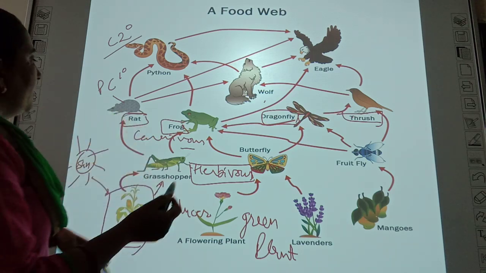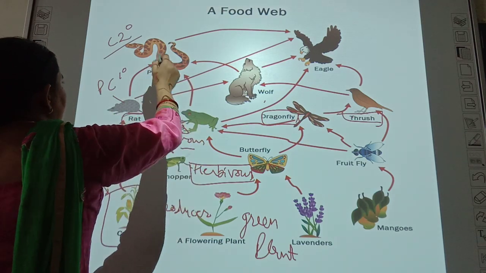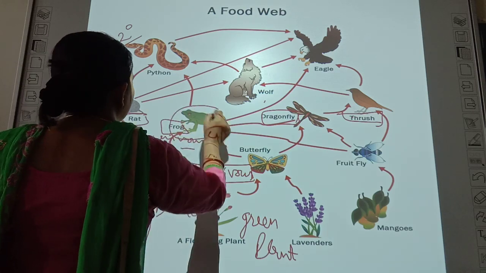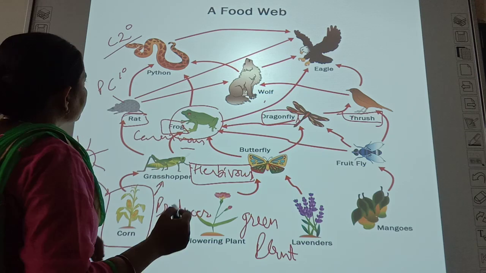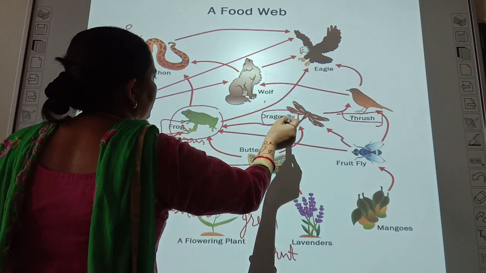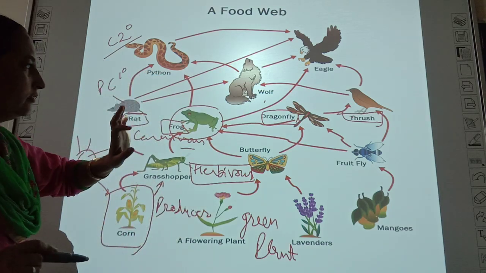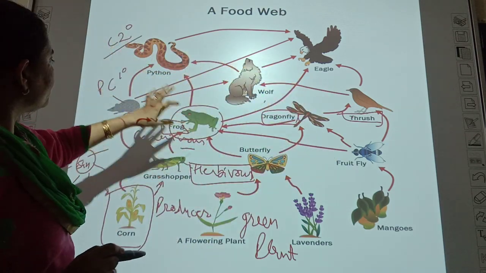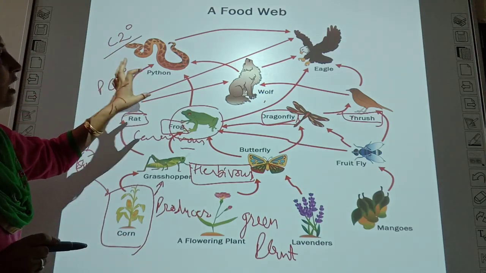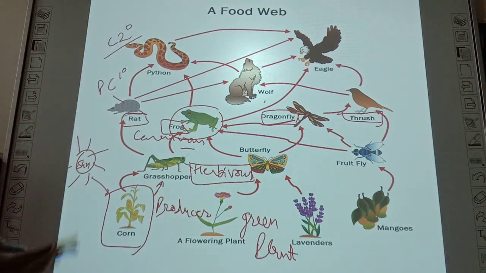In turn, it may be eaten by this python. This frog may be eaten by the python. This rat may be eaten by the python, or this dragonfly may be eaten by the python. Any of these may be eaten by these secondary carnivores. It may be a wolf, it may be an eagle, it may be a python.